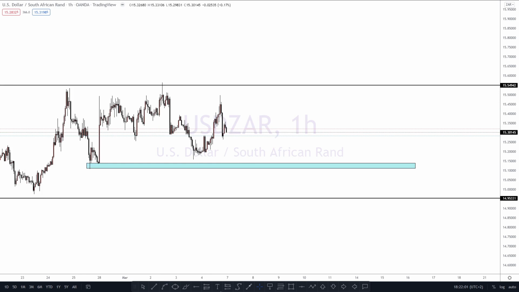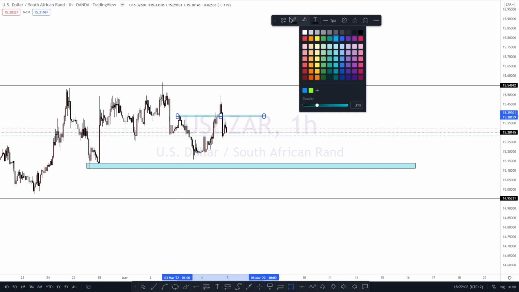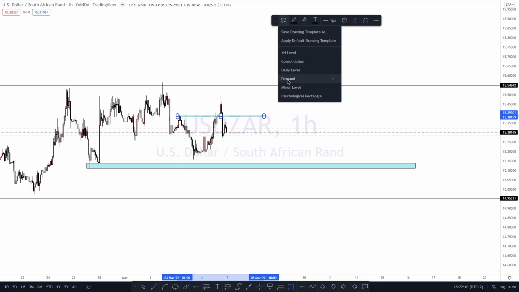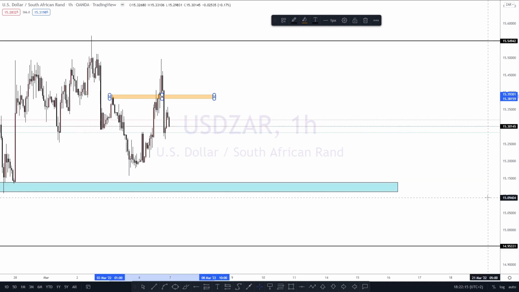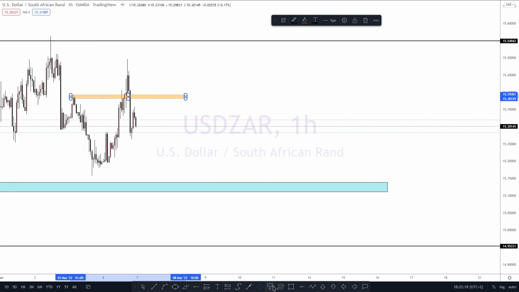Just like USD CAD, this is a 1 hour lower high, and this is a fake out, so price broke above and came back in. So for me, even when the market just opens, I can look to buy or sell based on 4H.